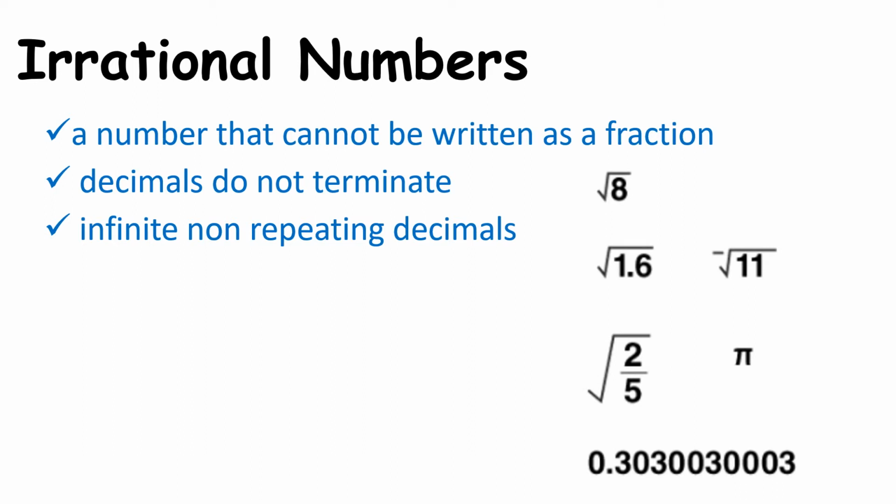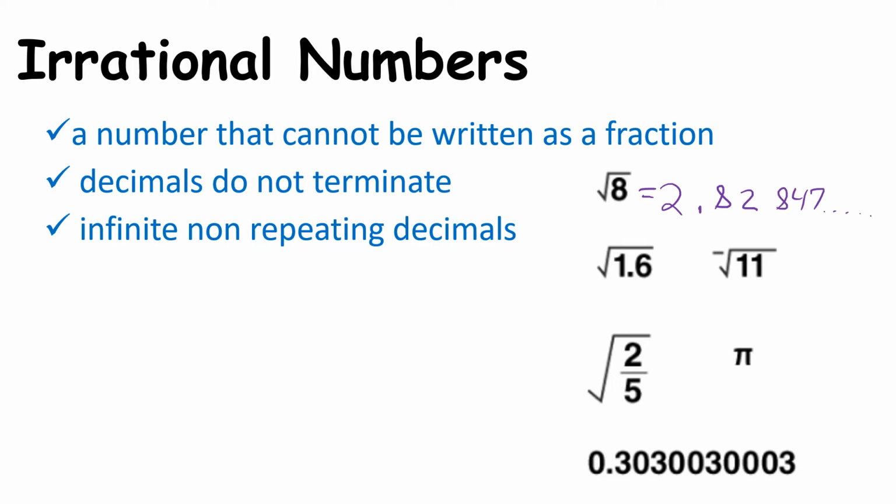So here are some examples of irrational numbers. All of these are irrational. So as an example, if I take the square root of 8, I would get 2.82847, and it keeps going with different numbers. So that is irrational because the decimal keeps going and it does not repeat the same number.